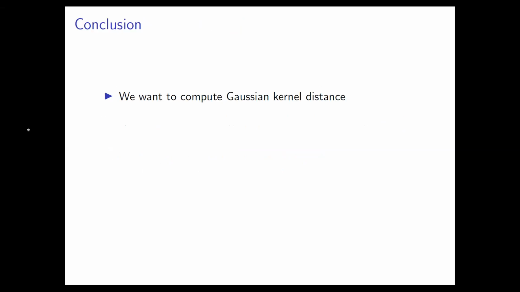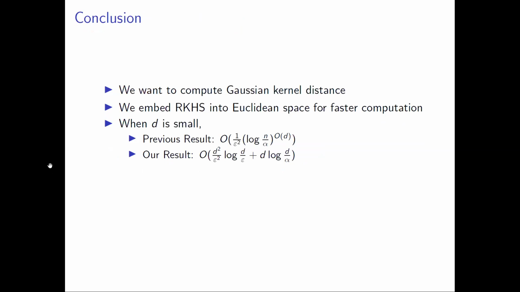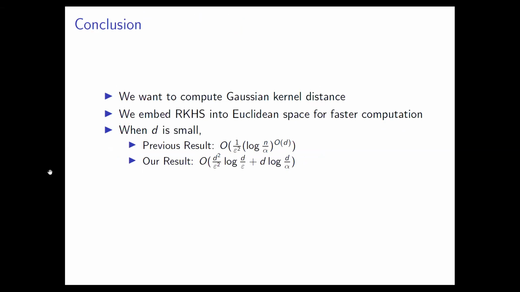So let's conclude our paper. We want to compute the Gaussian kernel distance. And the approach is to embed the reproducing kernel Hilbert space into the Euclidean space for faster computation. So when the dimension d is small, the previous result is 1 over epsilon squared log n by alpha to the power d time.